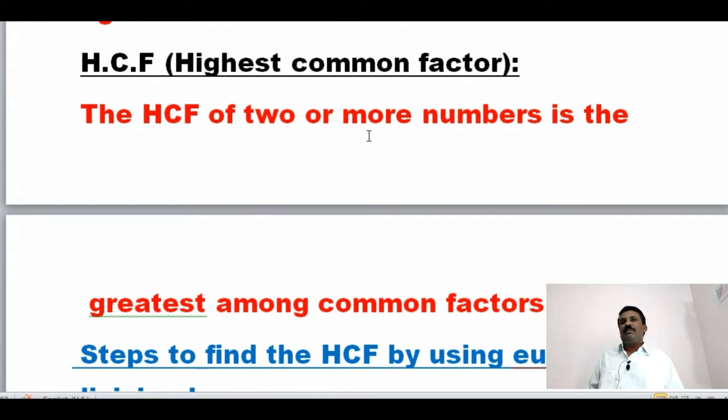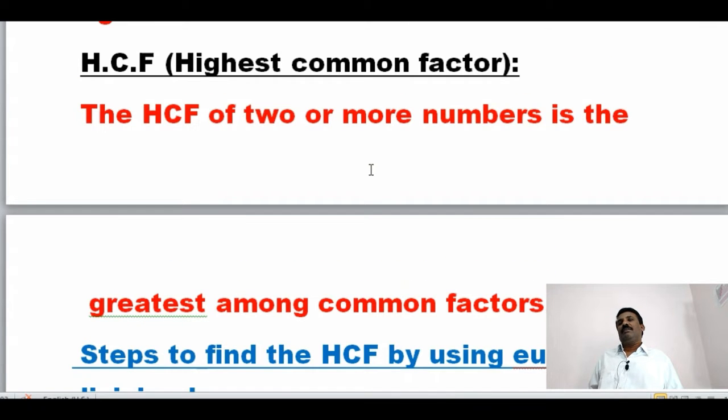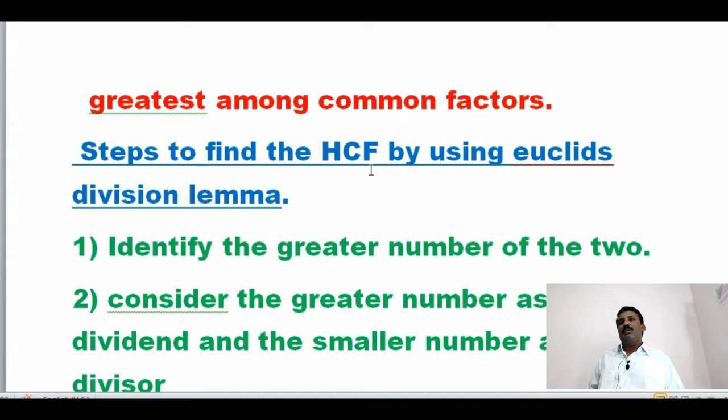First, you have to find the factors of the given numbers, note the common factors of all of them, and identify which one is greatest. That is the HCF of the given numbers. In previous classes you learnt the methods to find the HCF of two or more numbers. In this chapter, we will see the steps to find the HCF by using Euclid's division lemma.